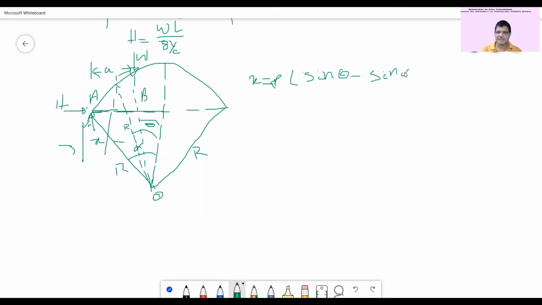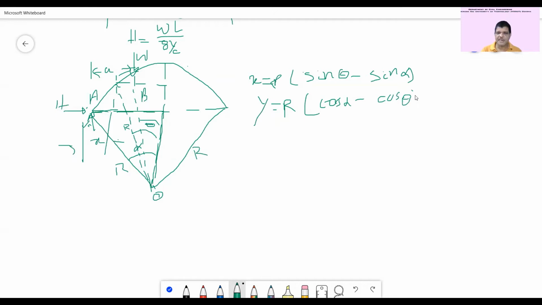Right. So what is y? If you find the value of y, what is the value of y here? So this is the y value. The total value minus this value, this is R cos theta. So that is y equals R into cos theta minus cos alpha.